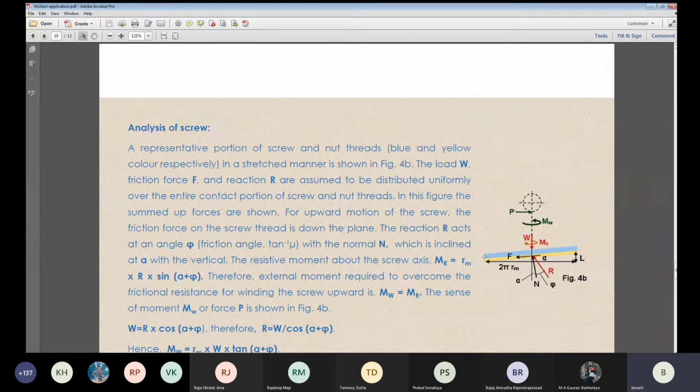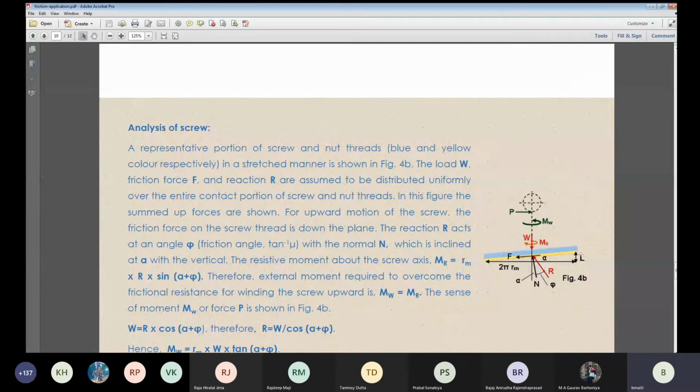Now I am straightening that screw thread. So that thread portion I am straightening. Can you see my cursor? This is the starting point, and then it is rising, and from this starting point it reaches the ending point.